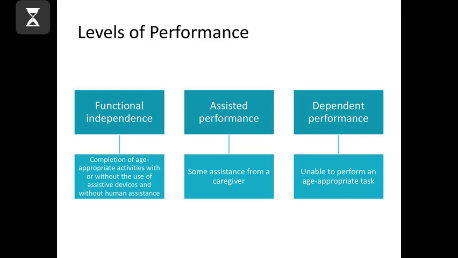And then dependent performance is when a child is unable to perform an age appropriate task, and the caregiver is required to perform the task for the child. So the text gives the example of the child not being able to feed themselves and the parent or caregiver holding the spoon for them, or the child not being able to wash their hands, so the caregiver has to do the entire sequence. So three levels of performance: functional independence, assisted performance, and dependent performance.